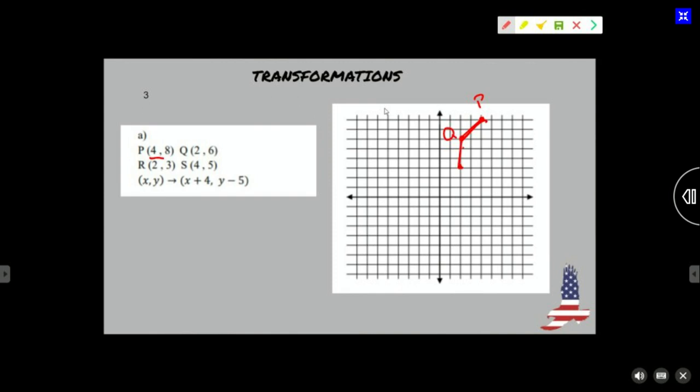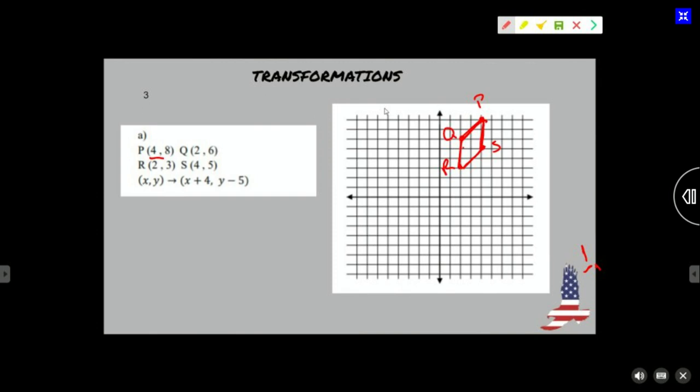That's R. Then (4, 5): right 4, up 5. There's S. What do we call that image? That's the pre-image, because that's what I'm given, right?